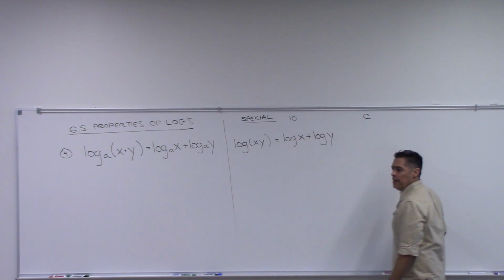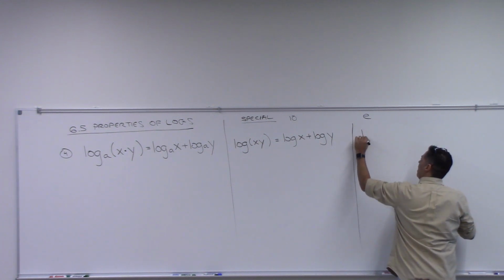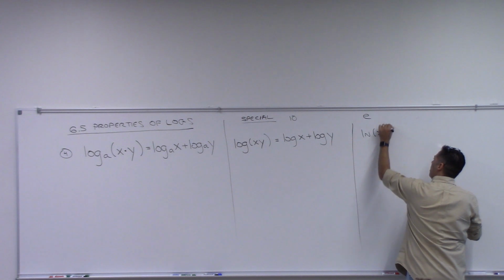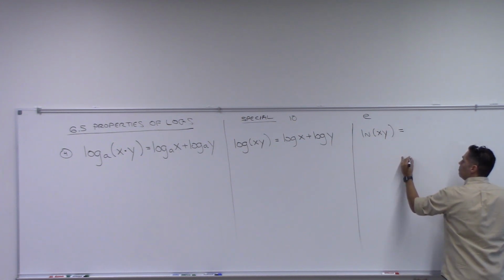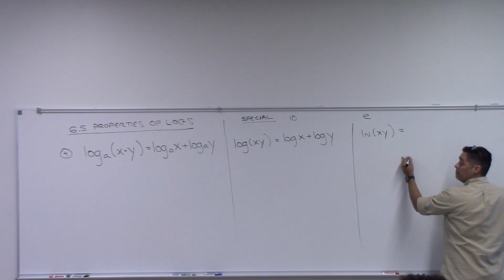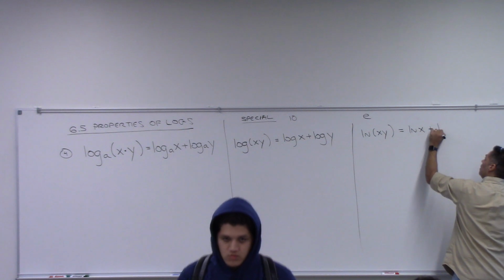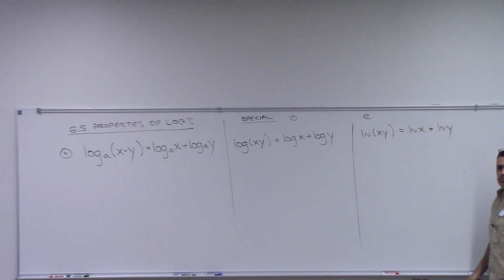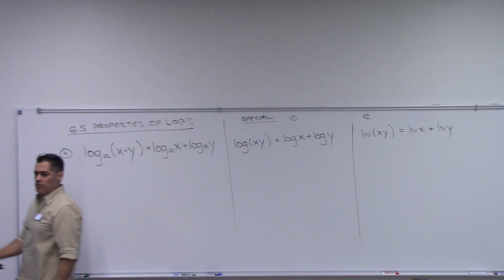Done. Okay? Now let's look at this one. This one would say natural log of xy, x times y, would become what? ln x, natural log x, plus ln y. There you go. That's it. That's your property. It's your fourth property.